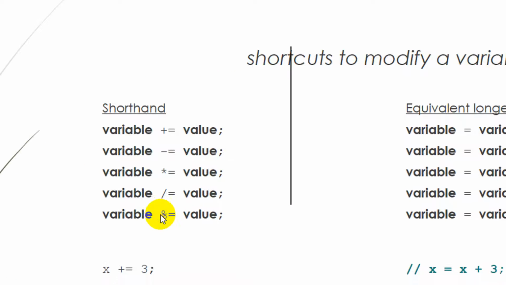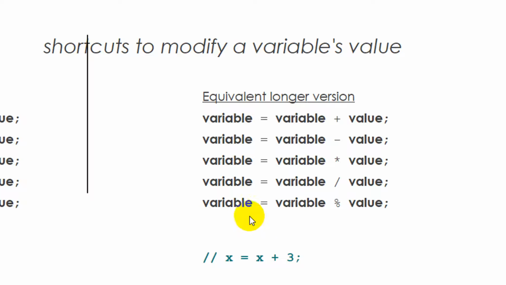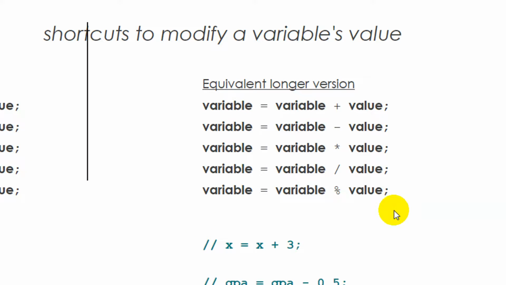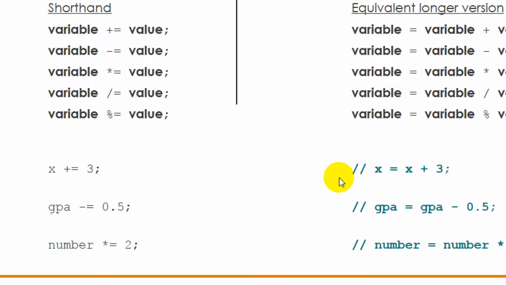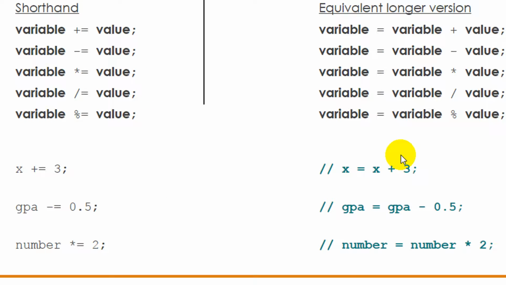When you do variable percentage equal to value, it's exactly the same thing as this operation, right? So just notice some of the things over here. Just review these three examples that you can utilize in your code, and you will notice the difference about how to use the shorthand and what is the equivalent longer version of your equation. But it all depends. If you are still beginning Java, you can just go with the longer version so that it makes more sense versus using the shorthand versions.